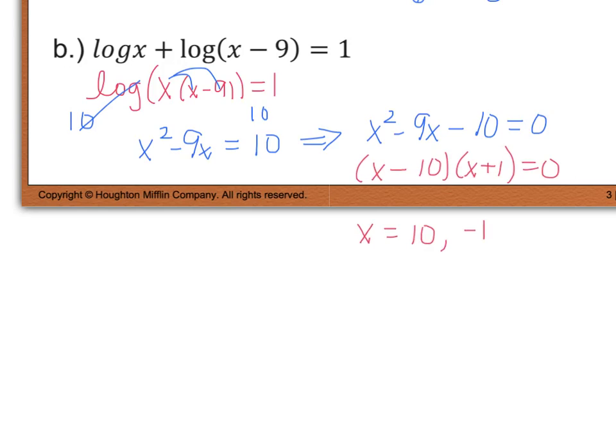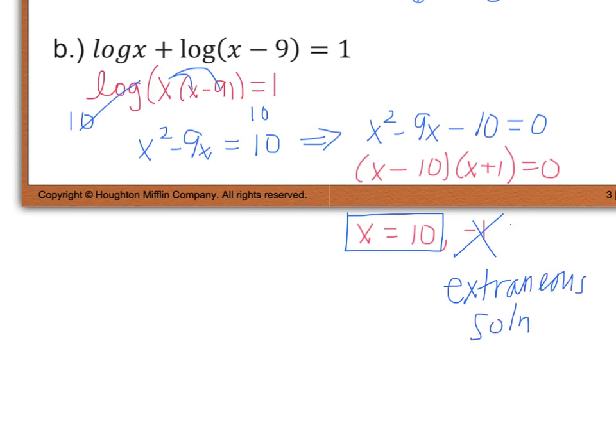Now I can plug a 10 in for either one of these because log of 10 will give me a number, and 10 minus 9 is a number greater than 0, so I can take the log of a number greater than 0. However, if I plug a negative 1 into this equation, I cannot take the log of a negative number. Therefore, my only true solution is x equals 10. X equals negative 1 is an extraneous solution, so we do not count it.